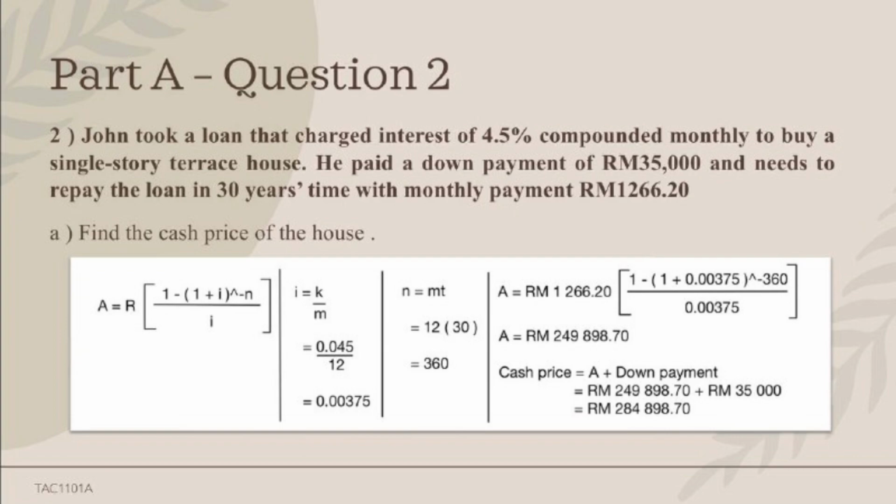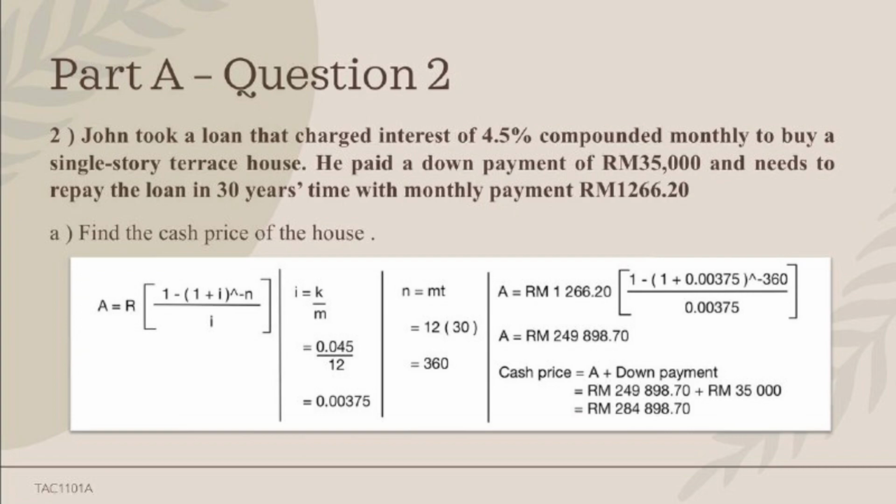And then you have to put all the answer in the formula for A. A equals 1,266.20 ringgit open bracket 1 plus 0.00375 close bracket to the power of negative 316 divided by 0.00375, and then you close the bracket, and you get the answer A equals 249,898.70 ringgit.